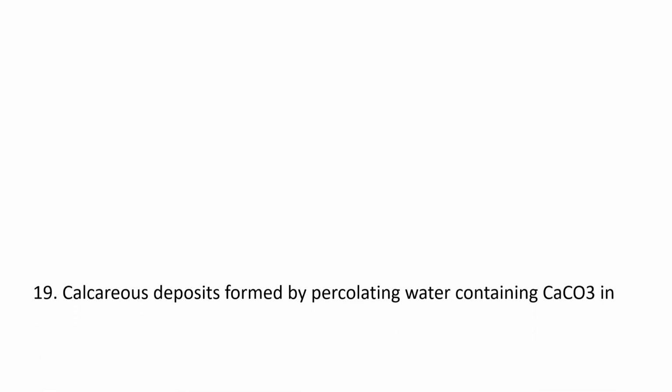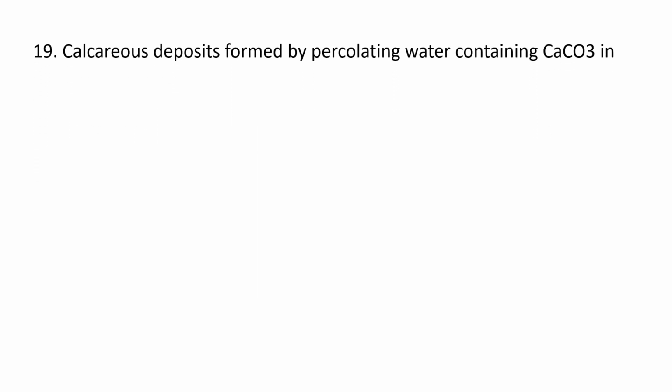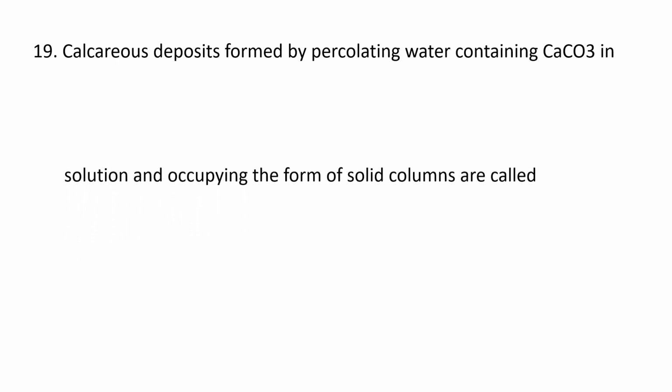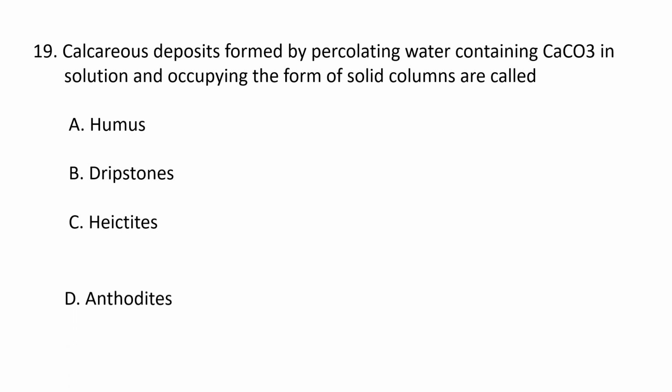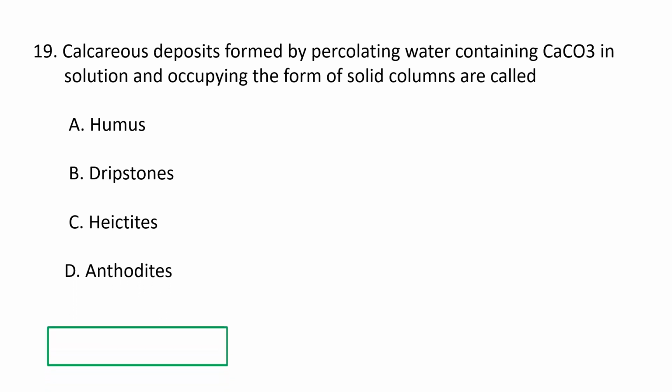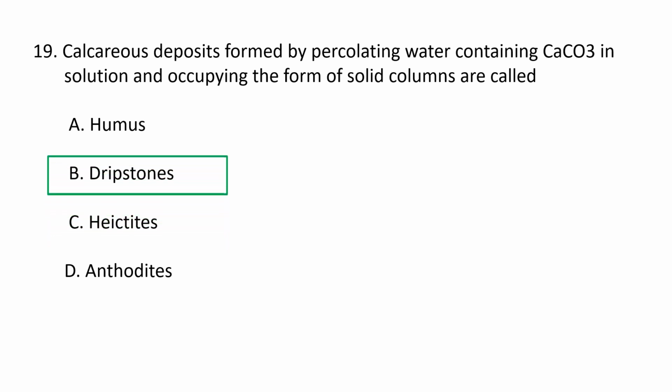Next question. Calcareous deposits formed by percolating water containing calcium carbonate in solution and occurring in the form of solid columns are called A. Humus, B. Dripstones, C. Helictites, D. Anthodites. So the correct option is B, dripstones.